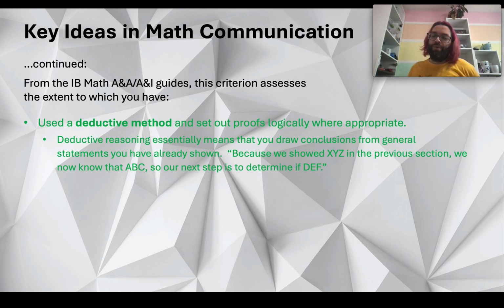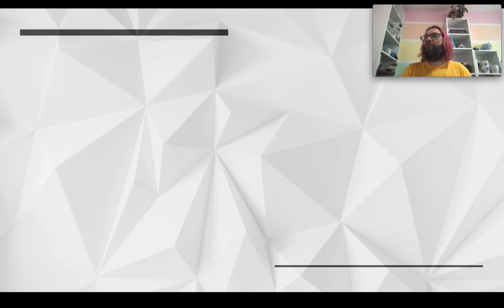You wouldn't have this exact sentence, but the idea is: because we just showed XYZ in the previous section, we now know ABC, and so our next step is to determine if DEF. You see how there are these logical steps. That's the deductive method going through. You should also, if you're doing a proof, make sure that you set your proofs out logically. So these are the main ideas in mathematical communication on the rubric.